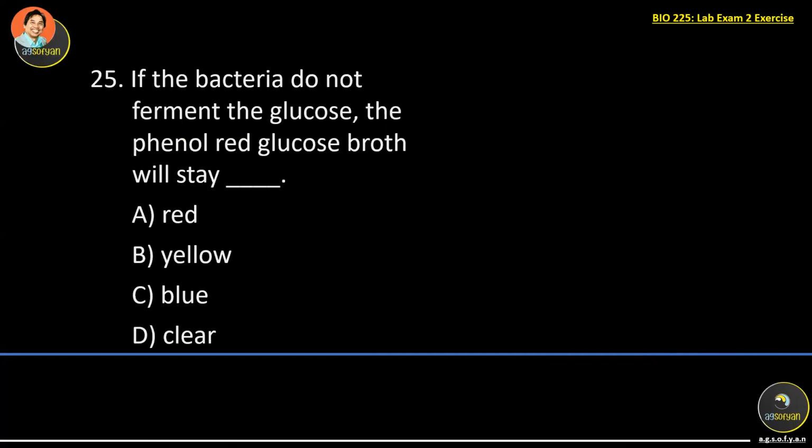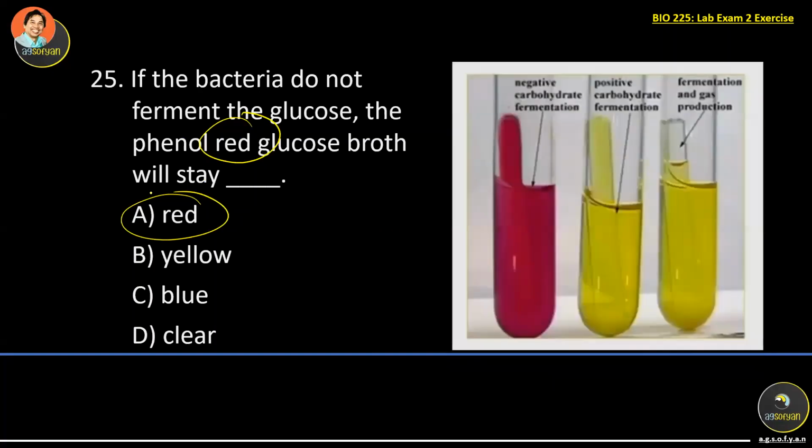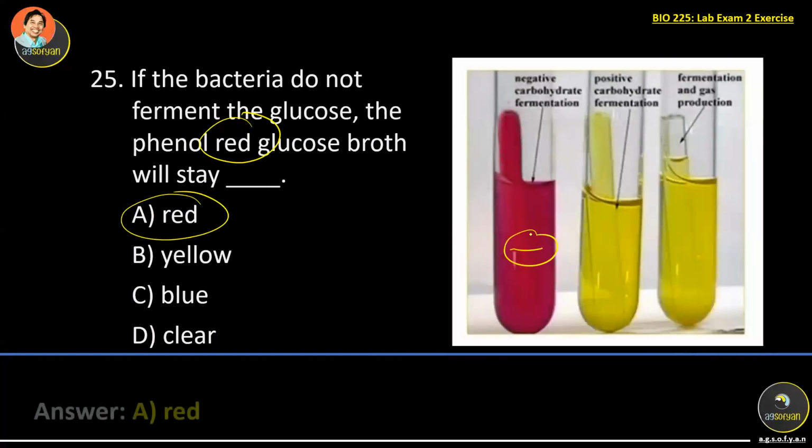If the bacteria do not ferment the glucose, the phenol red glucose broth will stay what? Yeah, red over here, so it's still red. If it stays red, it means negative. No fermentation, no glucose fermentation.